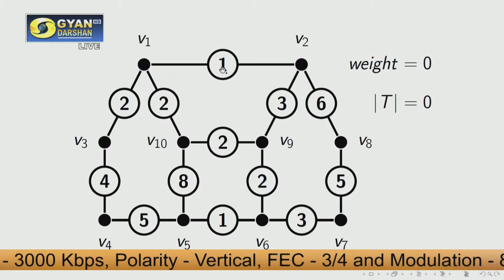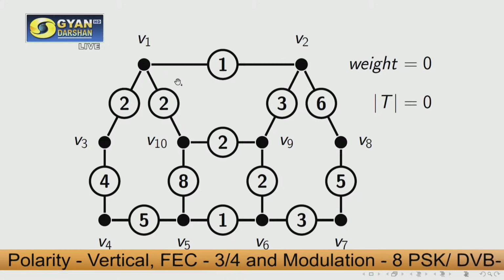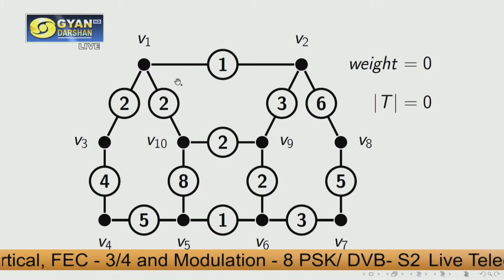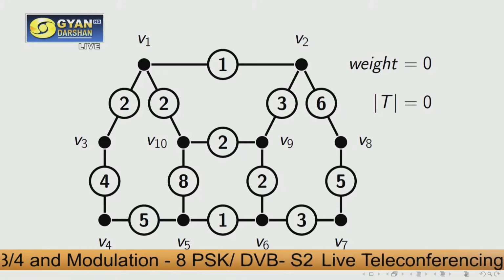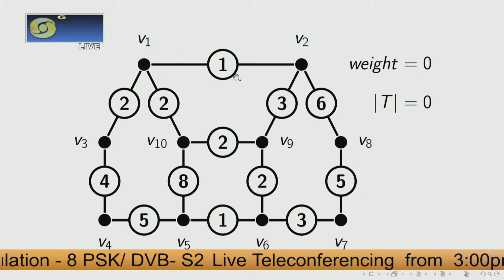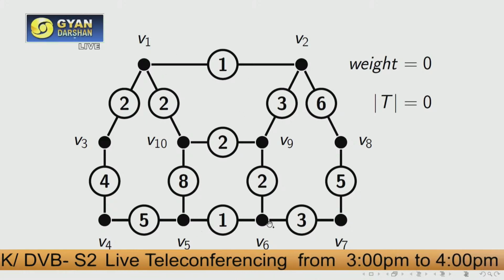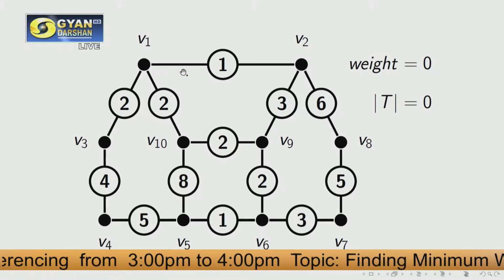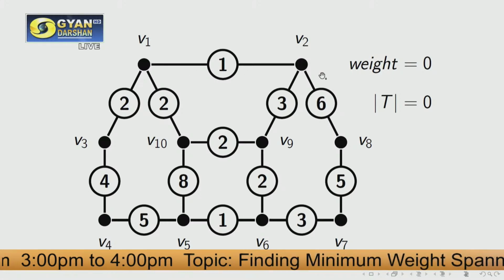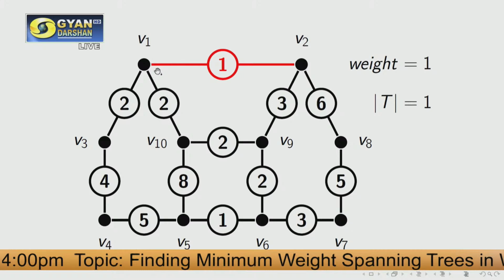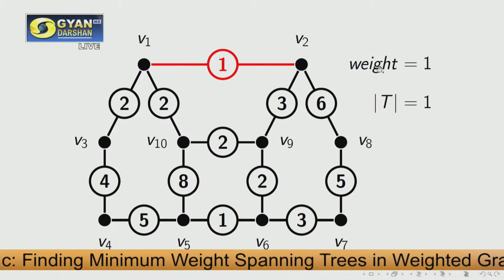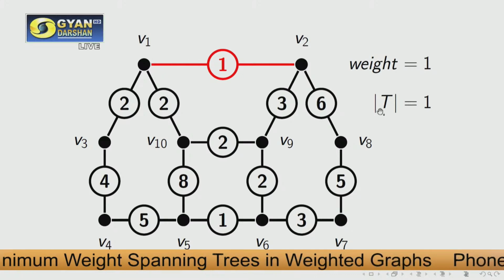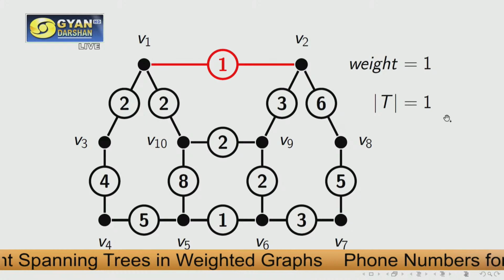We select the first edge to be the one which has the minimum possible weight. But there are two such edges, that is V1, V2 and V5, V6. So we can select any one of them arbitrarily. Let's select, say, V1, V2. So we get this edge. Now the weight becomes 1 and T has just 1 edge.